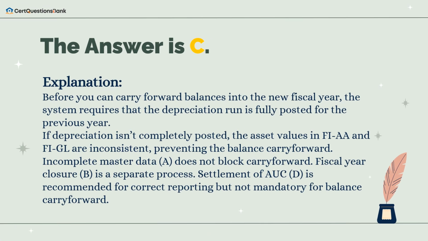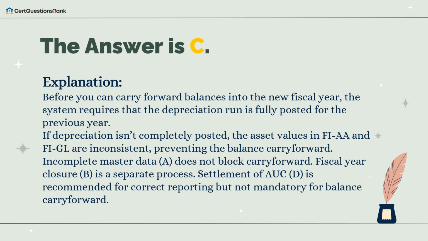The answer is C. Before you can carry forward balances into the new fiscal year, the system requires that the depreciation run is fully posted for the previous year. If depreciation isn't completely posted, the asset values in FIA and FIGL are inconsistent, preventing the balance carry forward.